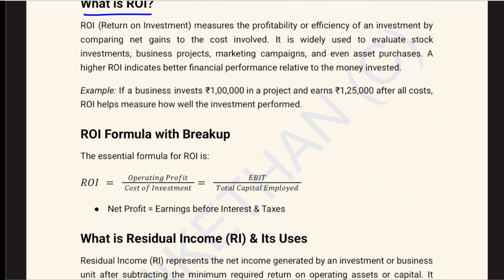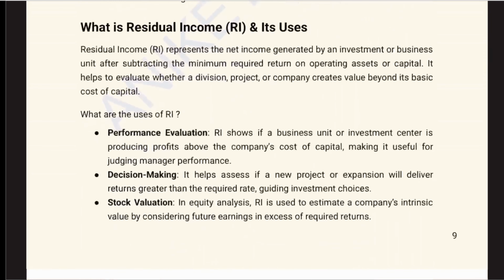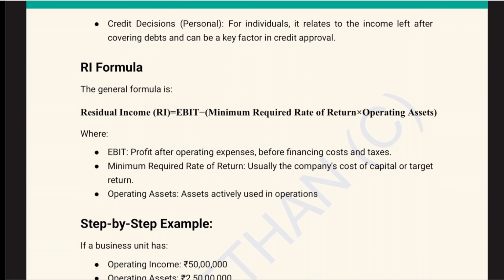In simple understanding, I am investing something. How much am I getting, barring all my operating expenses? So this is my ROI. Then what is RI? Residual income. The formula for residual income is EBIT minus minimum required rate of return times operating assets.